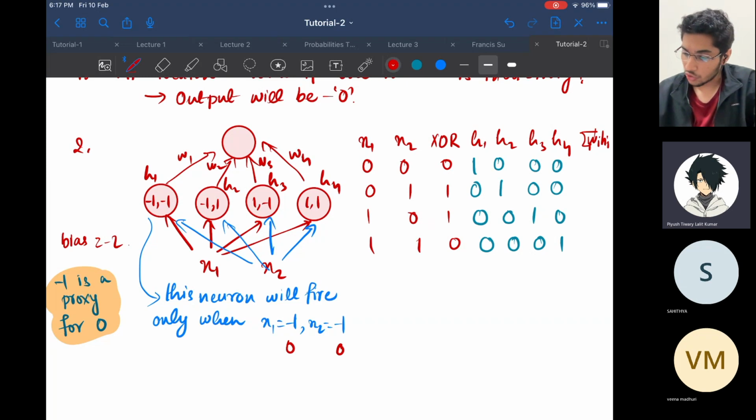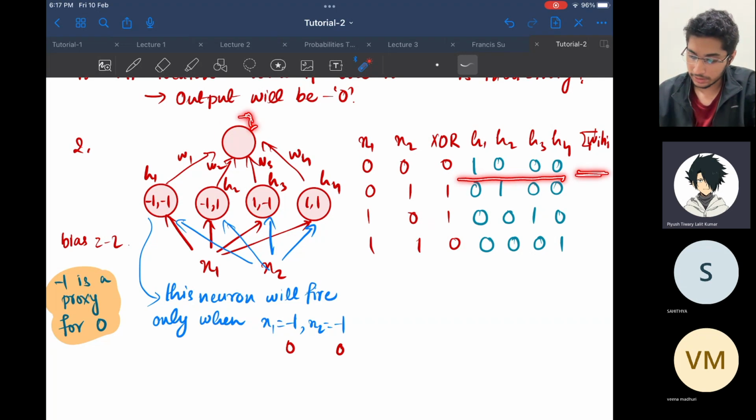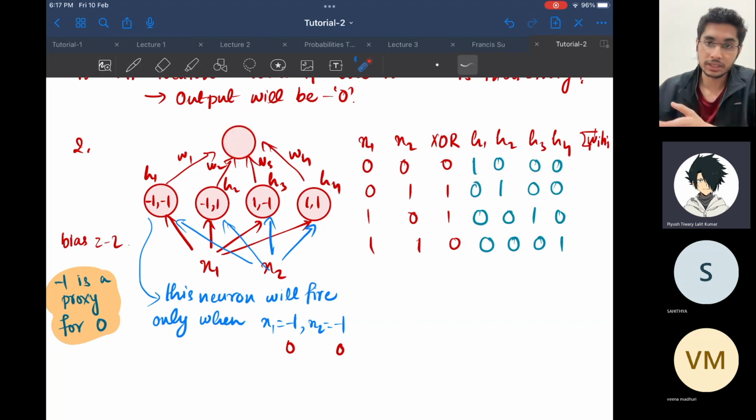And finally, what is the output? We wrote which neurons are going to fire, but we also need to see what finally this neuron will output. This is the final neuron. What would its output be?